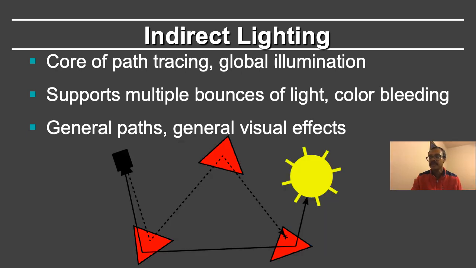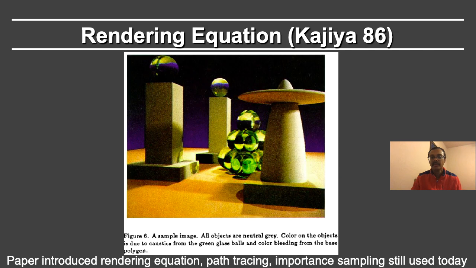In general, we support paths that can have multiple bounces between the light source and the camera. Putting it all together, you can create images like this. This is the iconic image from the rendering equation paper. You notice that you get caustics below the glass balls where specular light is focused onto the diffuse surface.